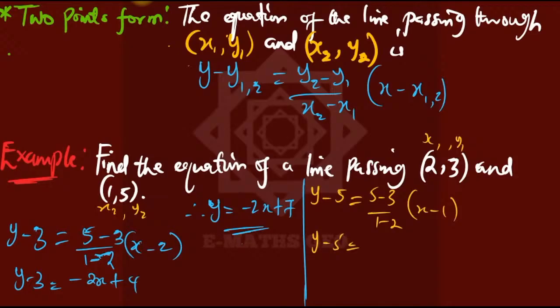This is also minus 2. So minus 2 times x is minus 2x, minus 2 times minus 1 is plus 2. So we still have y equals minus 2x plus 7. So you see the same answer. So choosing any of the points, you still get the same answer. So that's the two point form of the equation of a line.